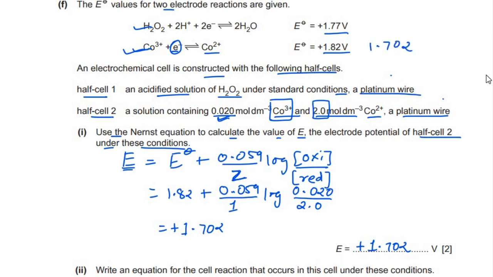That is smaller than the value of hydrogen peroxide, that is 1.77. So in that case the forward reaction will be for the acidified hydrogen peroxide and the reverse reaction will be the Co2 plus of cobalt. So Co2 plus will be the reactant and Co3 plus will be the product because Co2 plus will get oxidized.